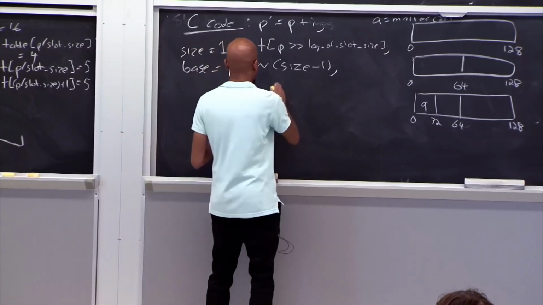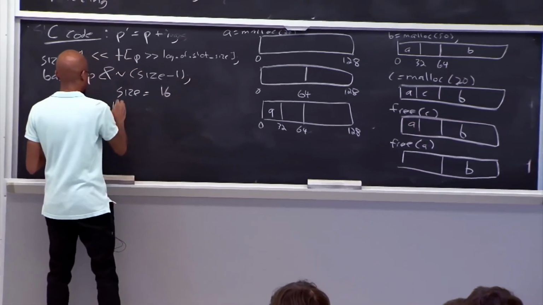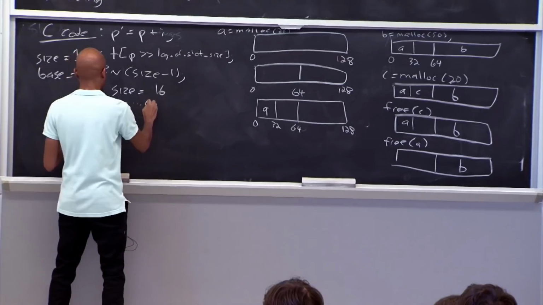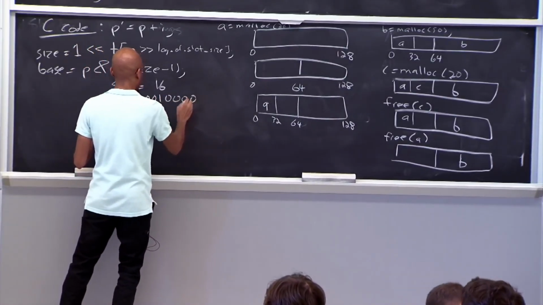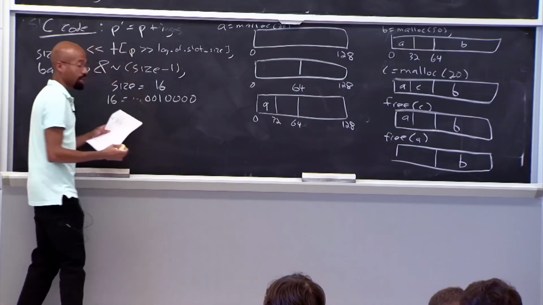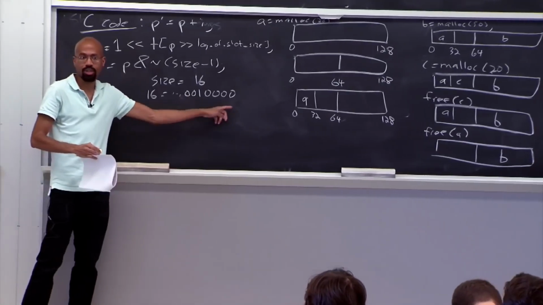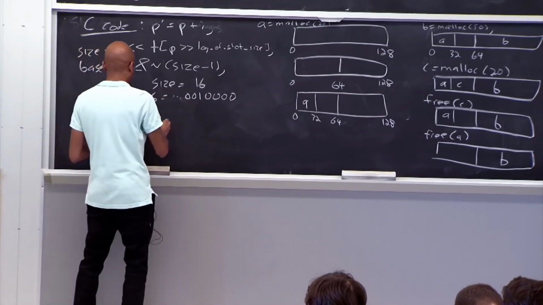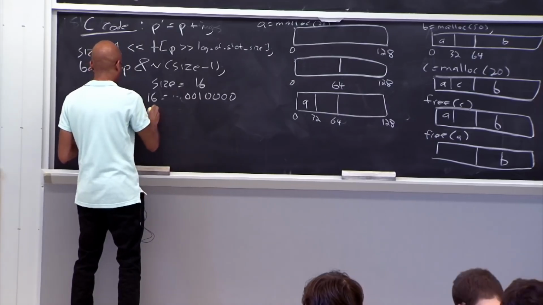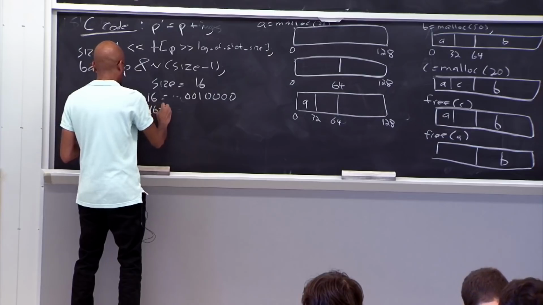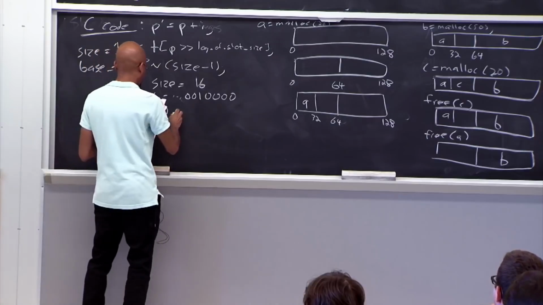And so imagine that your size equals 16. So 16 equals this in binary, right? So there's a bunch of zeros off this way. Then we've got a 1 here, and we've got some zeros over here. Okay? So if we look at the bitwise inverse of 16 minus 1, then actually, sorry.